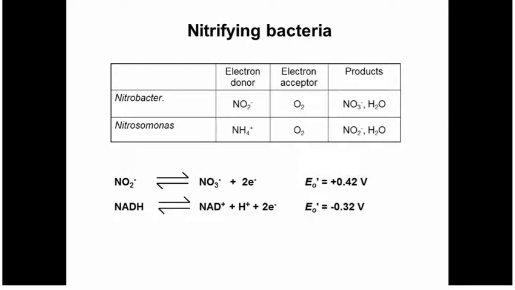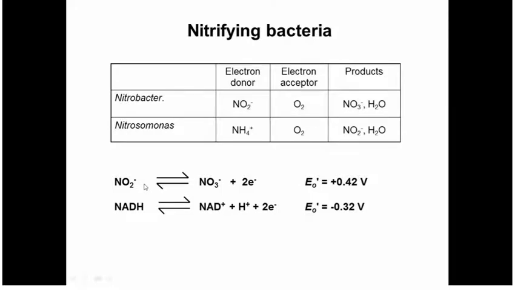Now, what's the point of this here? Look. If you're living by oxidizing nitrite to nitrate, nitrite is a pretty good electron donor, in fact.